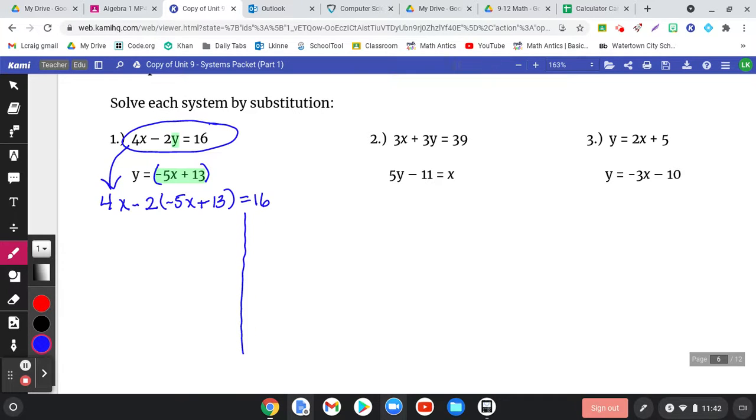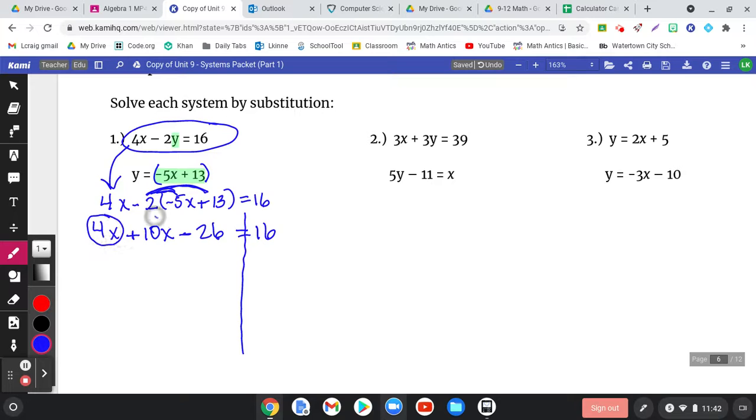I see parentheses, so I need to distribute. Be careful, though, because you're not just looking at a 2 times. You're looking at a negative 2 that you're distributing. So we'll bring the 4x down. Negative 2 times negative 5x would be positive 10x. Negative 2 times 13, negative 26, equals 16. Next, combine your x's.